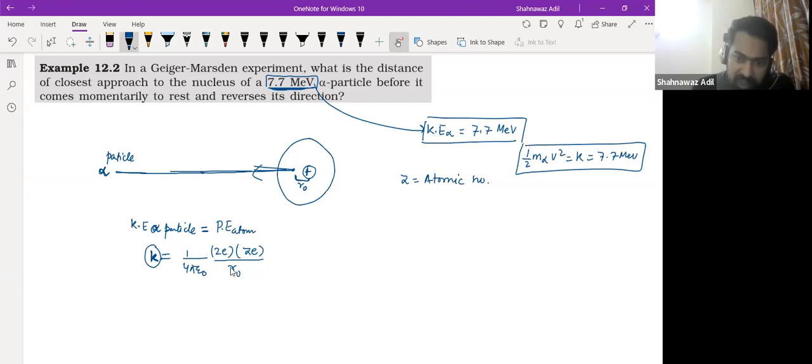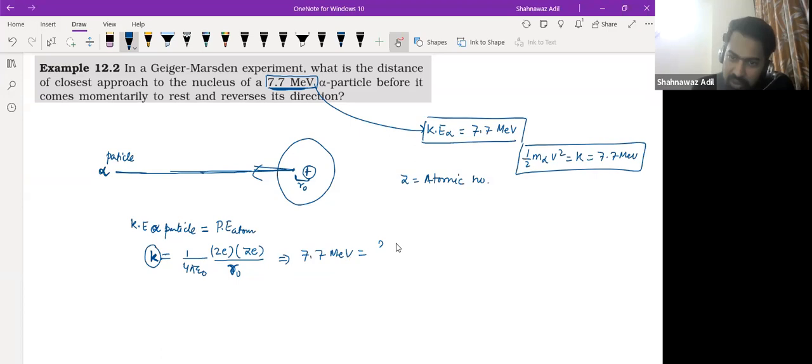Now we have to find this R. We have to convert it into joules, because the SI unit is joule.